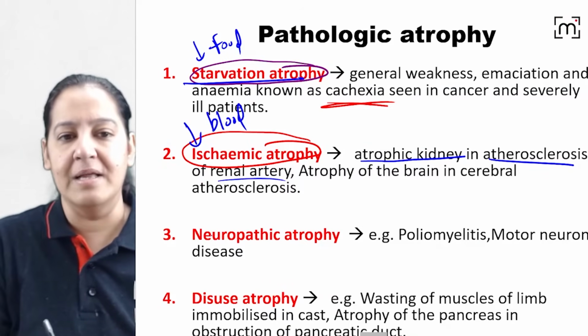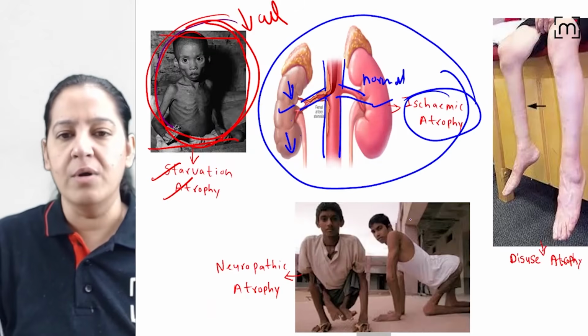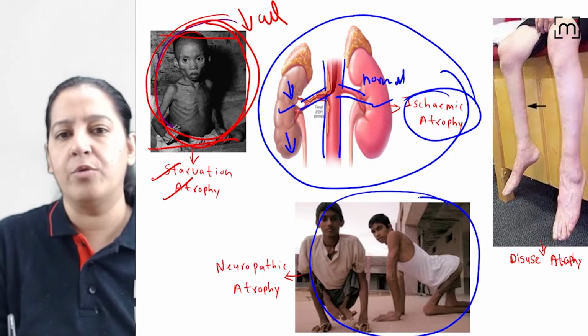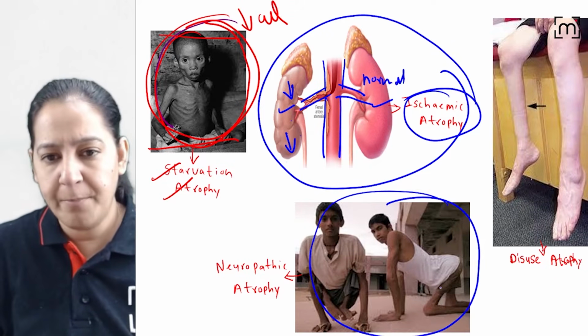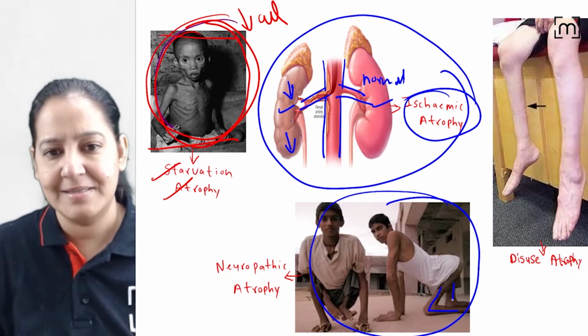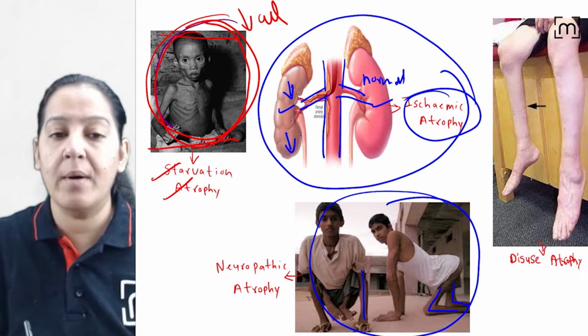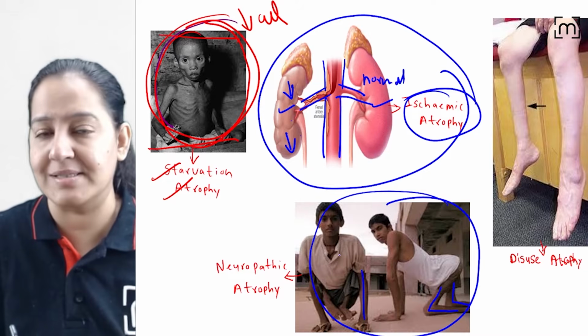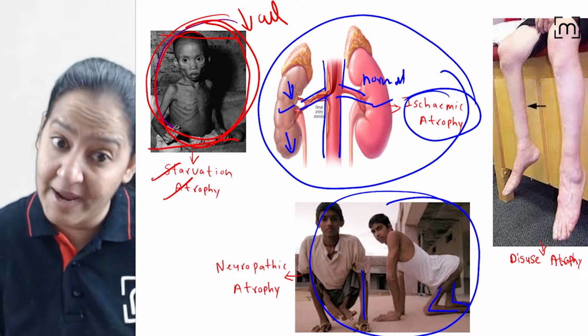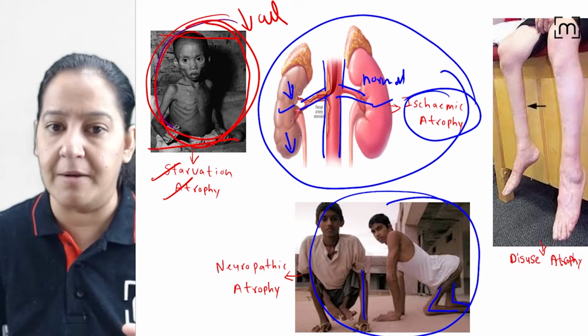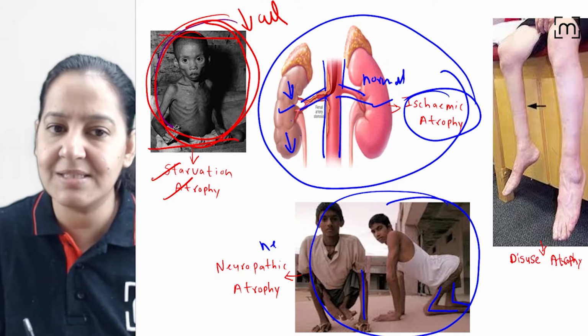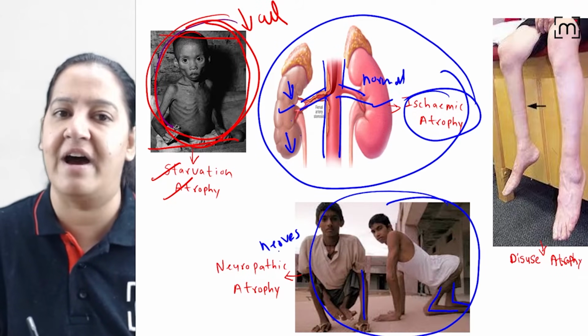The third example is neuropathic atrophy. See, this is a patient of polio. These are the patients of polio. In polio, see the legs and the hands. They are very thinned out. Why? In polio, what is happening? There is a virus, the polio virus. It causes damage to the nerves supplying these muscles. The muscles are normal, but the nerves supplying these muscles are damaged by the virus.